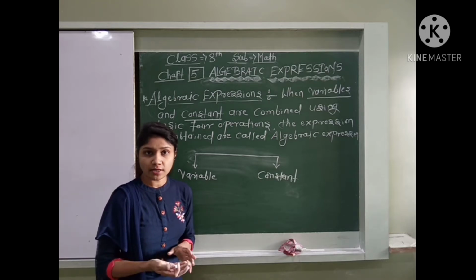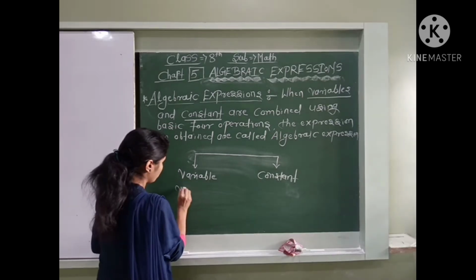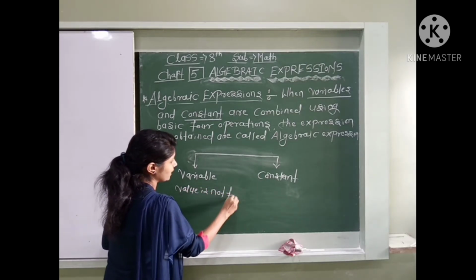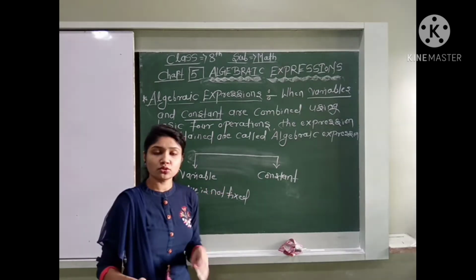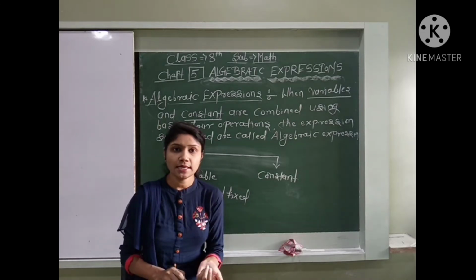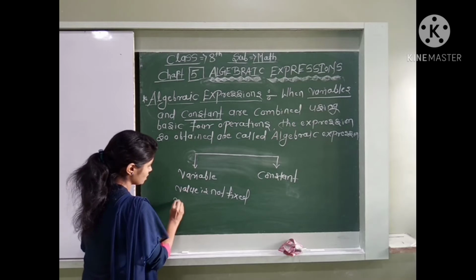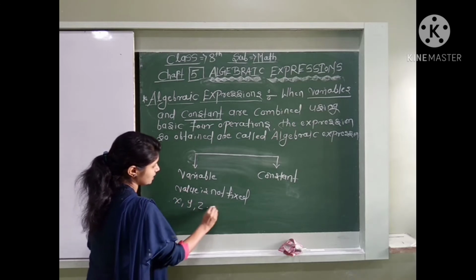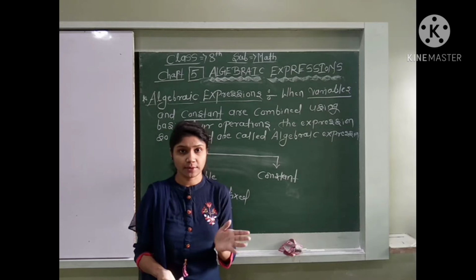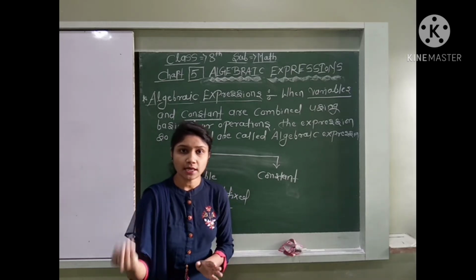If the numerical value is not fixed, it is called a variable. A variable is represented by a small alphabetical letter, for example x, y, z, or a, b, c, d, not a capital letter.